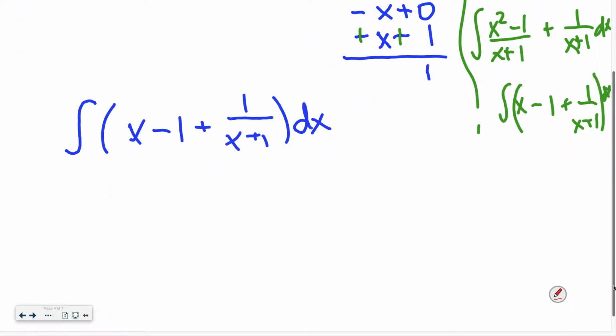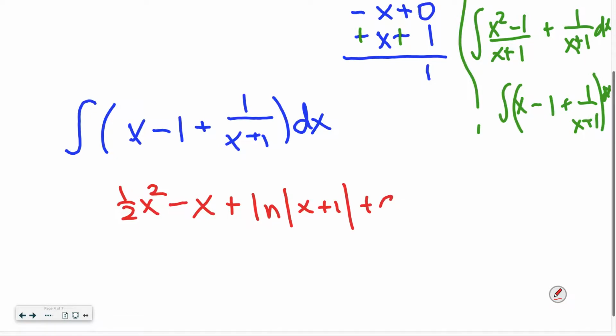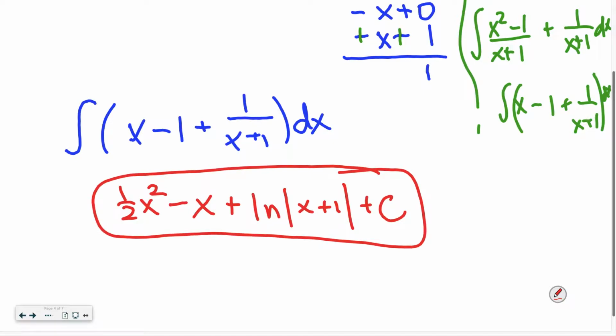Richard, what's our antiderivative? Oh, you're writing both methods down? Such a good student. What's the antiderivative? 1/2 x squared minus x plus the natural log of absolute value x plus C. Good.